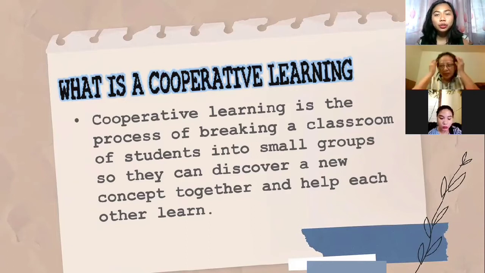This happens naturally in cooperative learning since students work together, but they all have a different task to accomplish or concept to explain. As a bonus, your students are being social while they're working.